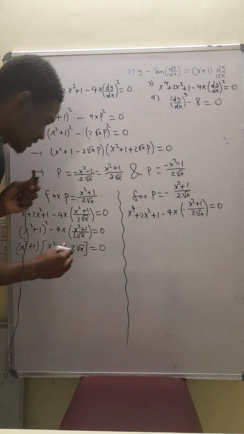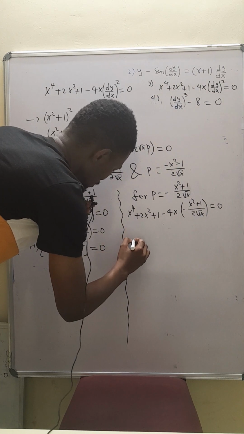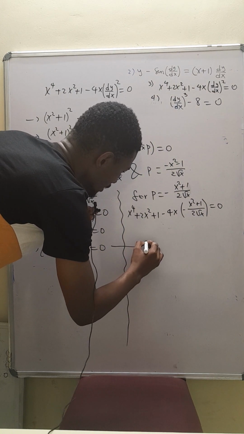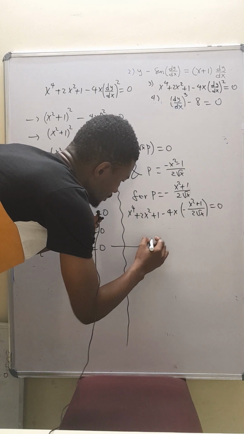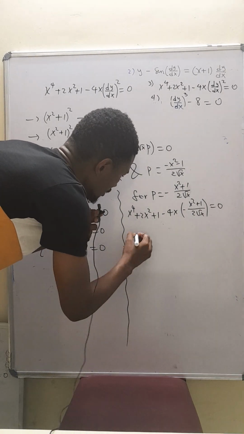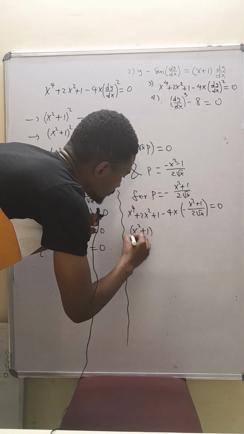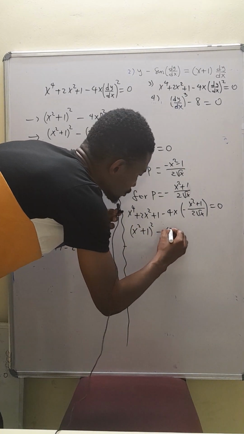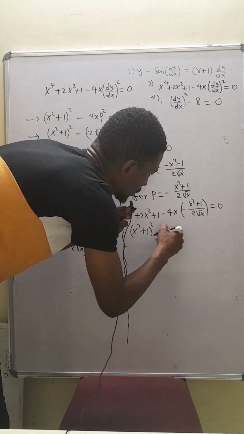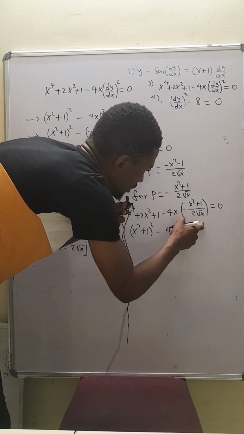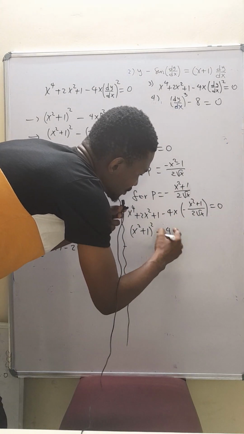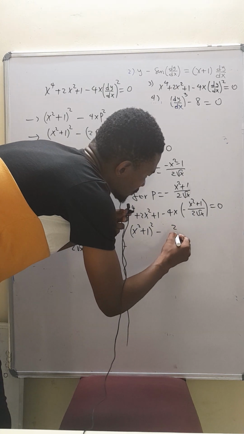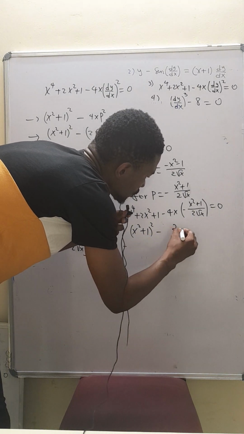The same will happen here, so you will get the same. Here it is (x² + 1)², then minus 4x. These 2 and these 2 will be cancelled out, so it will be only 2.